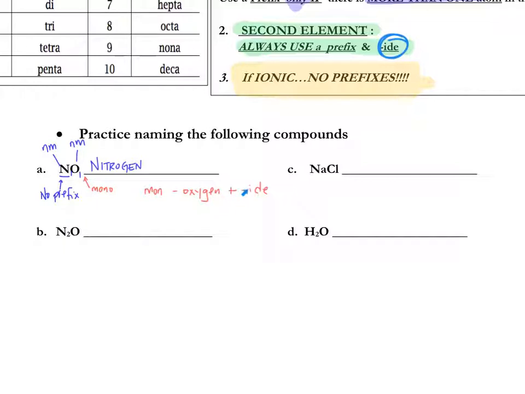And then the ending, I'm going to get rid of the YGEN and add IDE to the end of it. So what you end up with is nitrogen monoxide, so mono oxide, I'm going to use the O twice. And then the YGEN gets replaced with the IDE. So I get nitrogen monoxide.